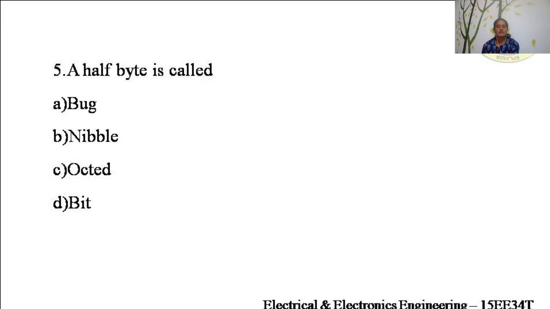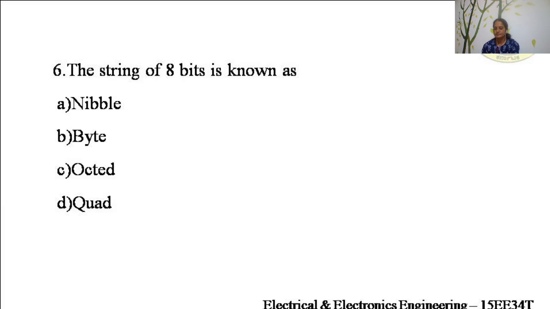Question number 5. A half byte is option A bug, B nibble, C octet, D bit. Half byte means 4 bits. So the answer is B, nibble. Next, sixth question. The string of 8 bits is known as nibble, byte, octet, quad.